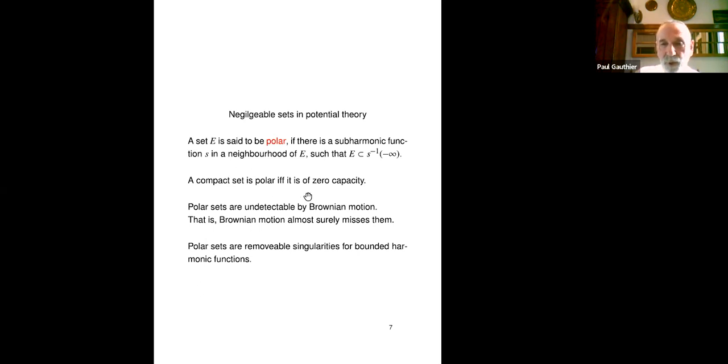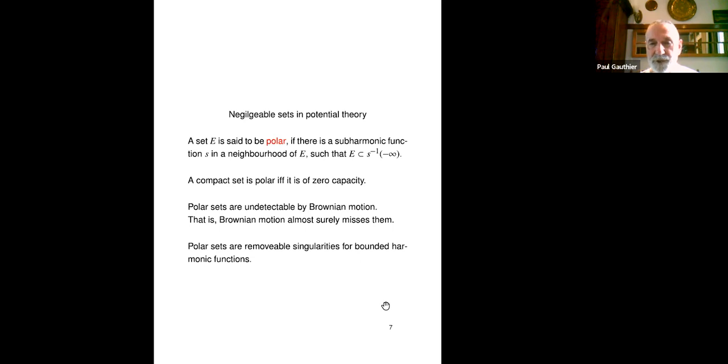A compact set is polar. This is not a definition, I just gave the definition. This is a theorem: a compact set is polar if and only if it is of zero capacity. And capacity, of course, is very important in potential theory and in physics. Polar sets are undetectable by Brownian motion. I think that's one of the nicest intuitive ideas of what a polar set is.